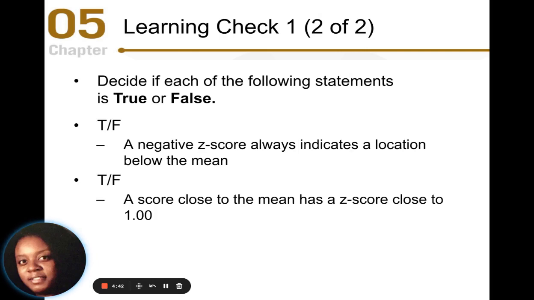Here's our second learning check. True or false: a negative z-score always indicates a location below the mean. And the second one: a score close to the mean has a z-score close to 1. I'll give you a few moments to think about the correct answer.